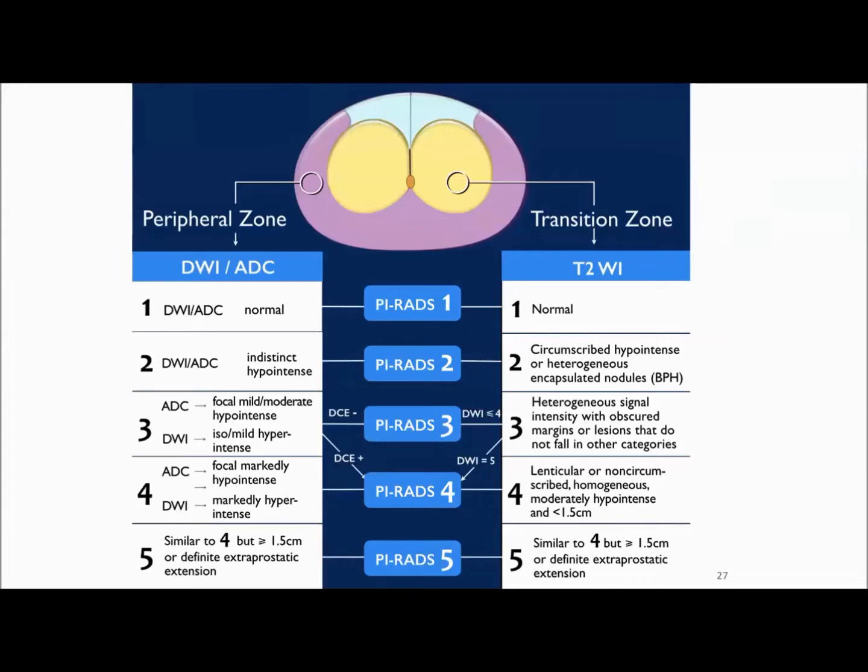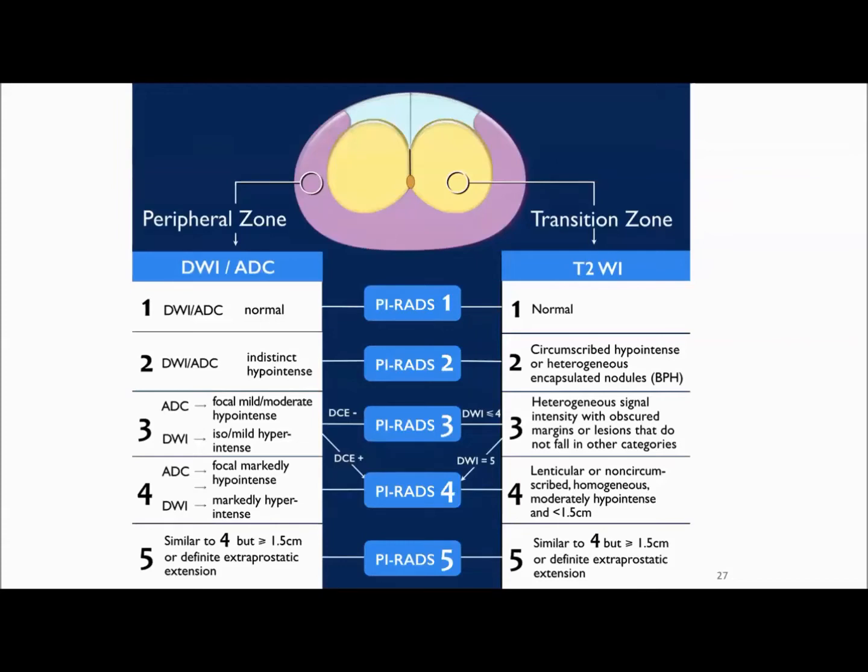Then we label them as PI-RADS category 3. PI-RADS category 3 can further be decided with the help of dynamic contrast enhancement: either it is category 3, which is equivocal, versus category 4, which has a high probability of cancer.